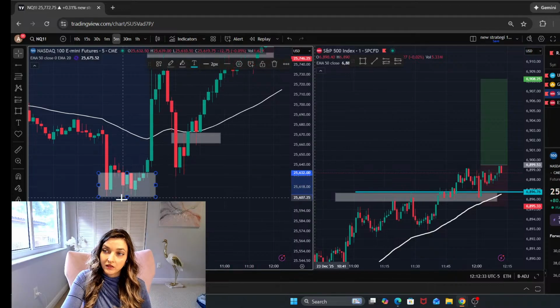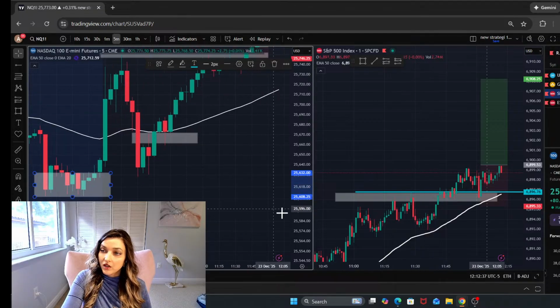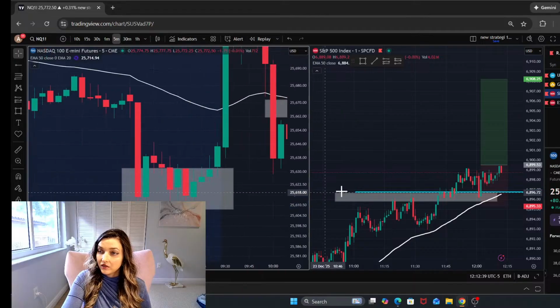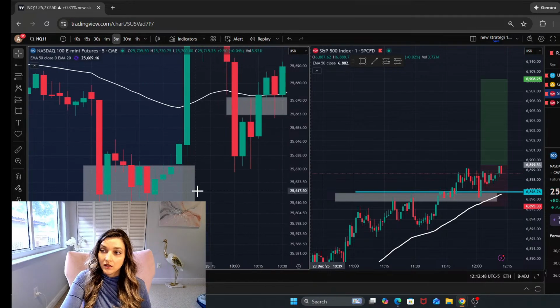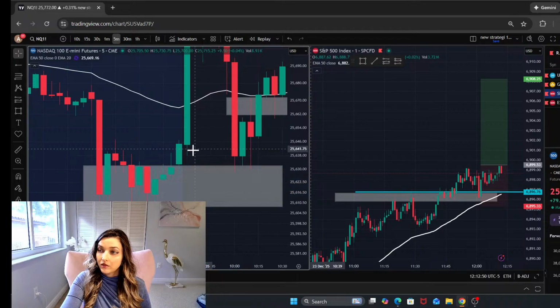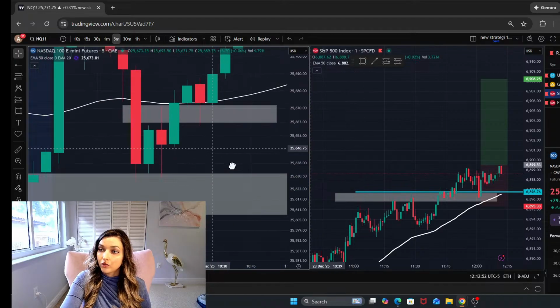You put the candle where the move starts. So the move starts, right, this green candle right here, this is where the move starts. So you include these candles right here, you draw it, drag it, and then you go to 1 minute.